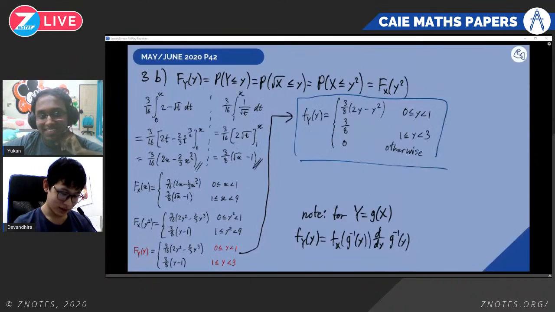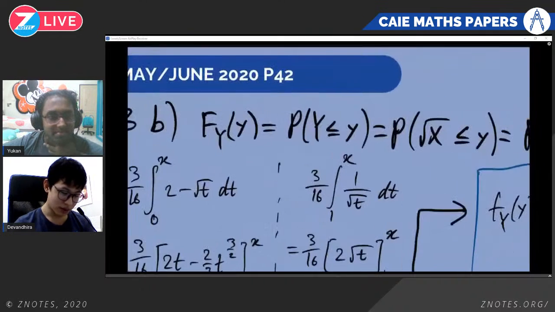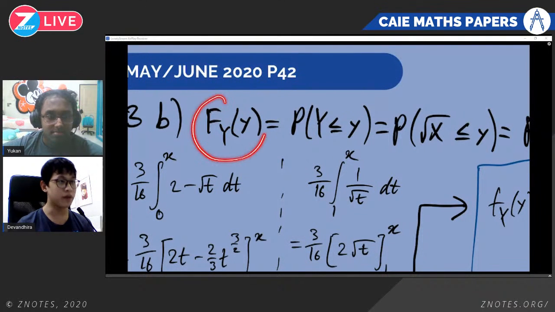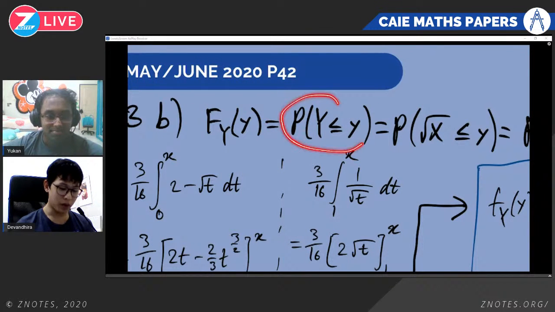So here's by definition. Right here, if I have F subscript Y, big letter F, this is the cumulative distribution function, CDF. You know what that is, right? Yeah. Now, by definition, the CDF is the probability of Y less than or equal to y, basically any number y here.